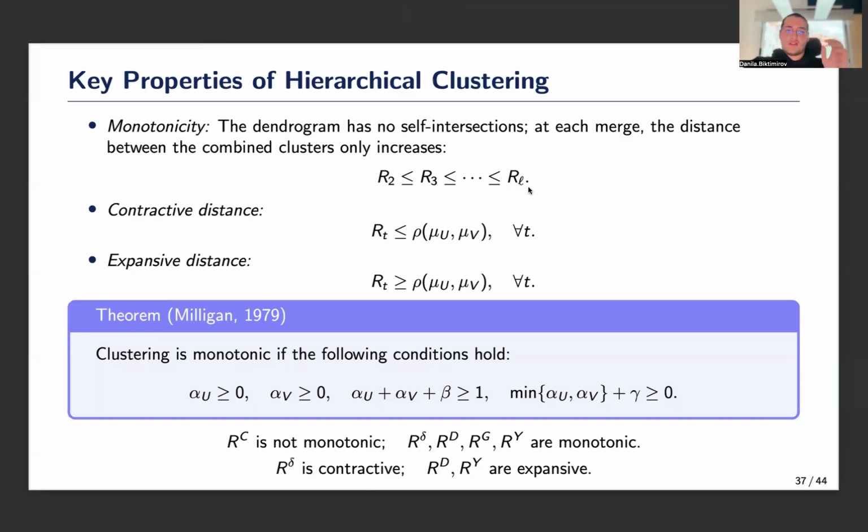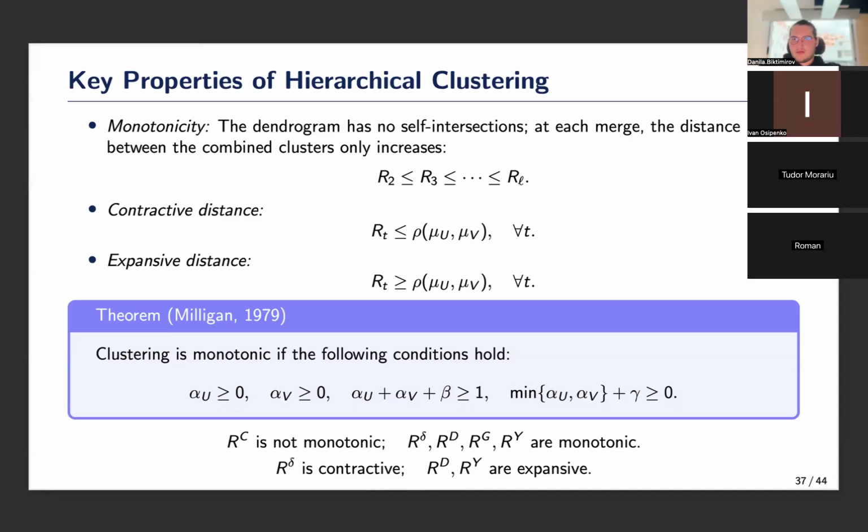The distance function R is said to have the monotonic property if at each merging step, the distance between the merged clusters only increases and never decreases. It turns out that not every combination of the coefficients in the Lance-Williams formula leads to monotonic clustering.